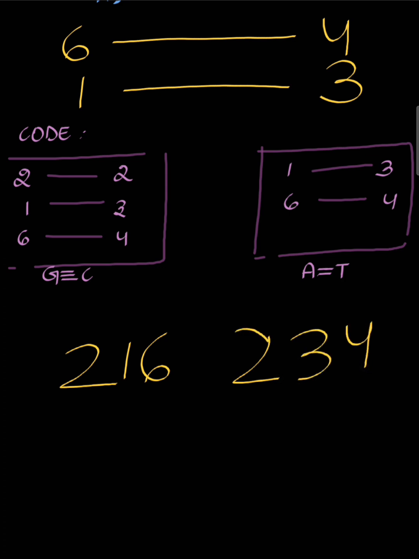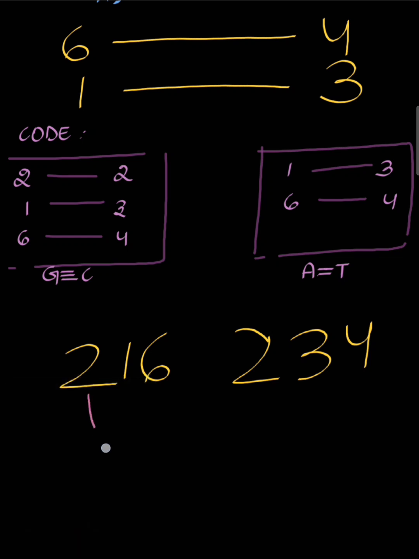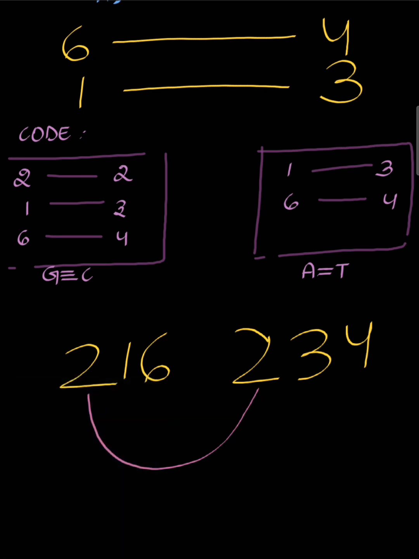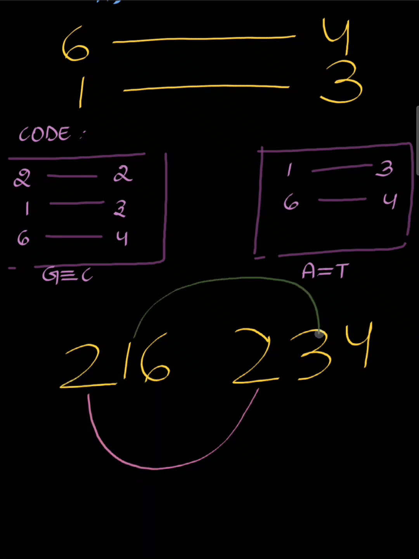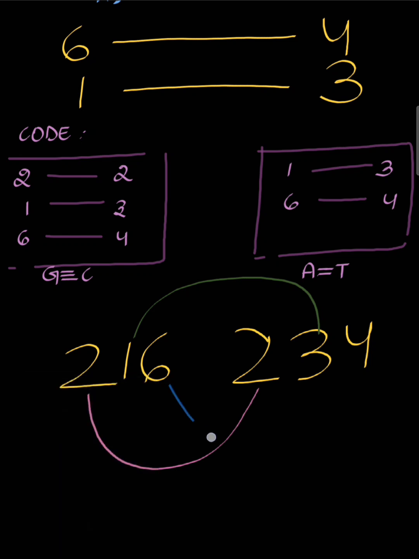Right? I'll just use different colors so that you don't get confused. So 2 forms a bond with 2. 1 forms a bond with 3, and then 6 forms a bond with 4. So this we have to understand.